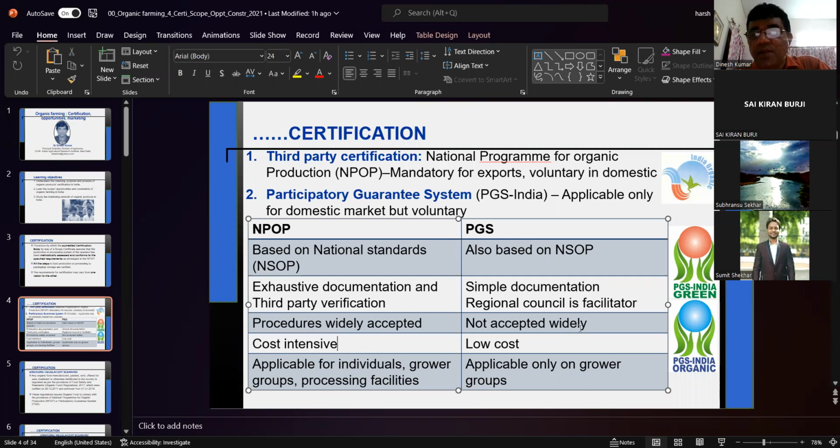And PGS is actually free of cost, or you can say very low cost. NPOP is applicable for individuals, growers, groups, and processing facilities. PGS is applicable only to grower groups. So PGS is for the group.